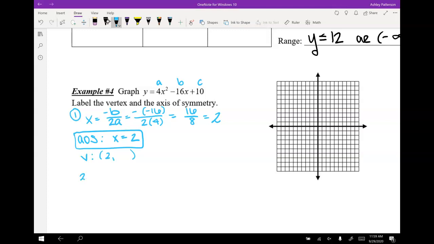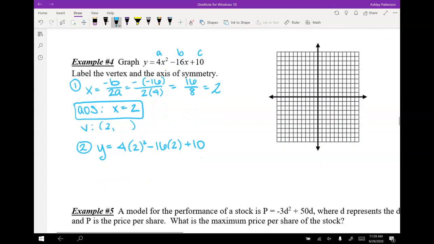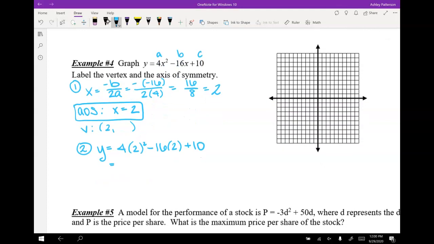Well, as mentioned on Monday, in order for us to find the corresponding y value, we take the value found with the ratio and substitute it into the given equation. So y is going to equal 4 times 2 squared minus 16 times 2 plus 10. Order of operations says we do exponents first, so 4 times 4 minus 16 times 2 plus 10.